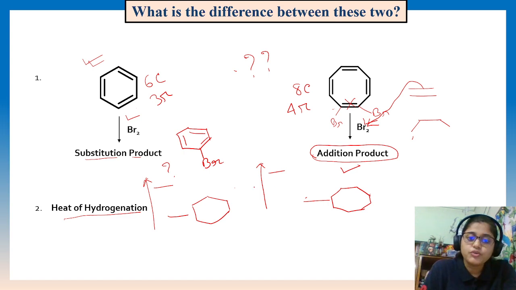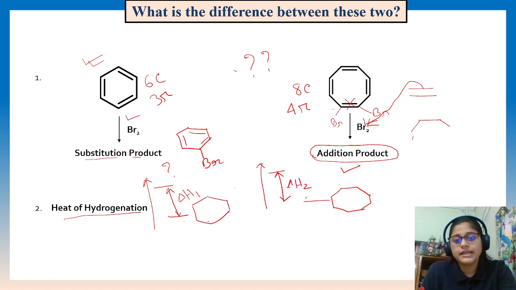The difference between reactant and product is the heat of hydrogenation, delta H1 and delta H2.